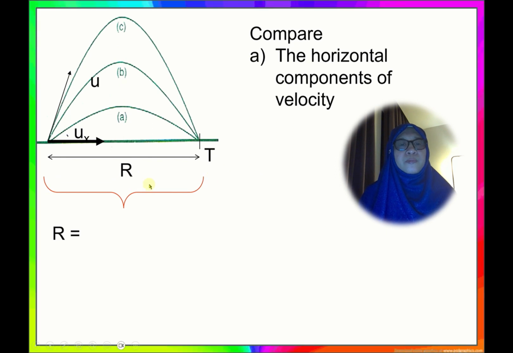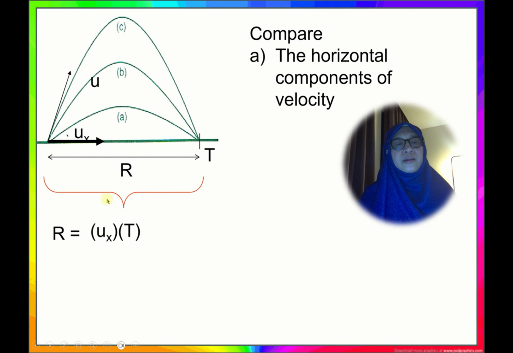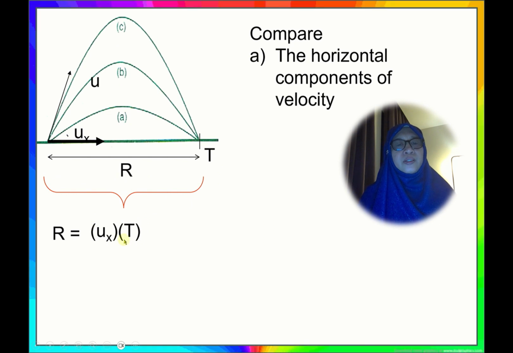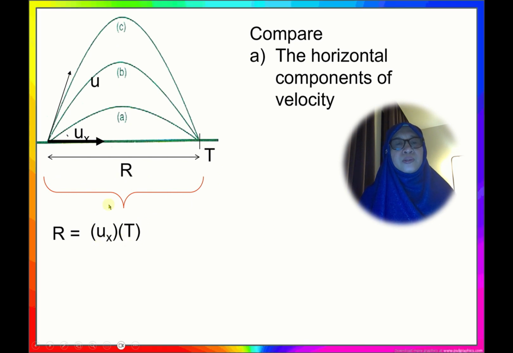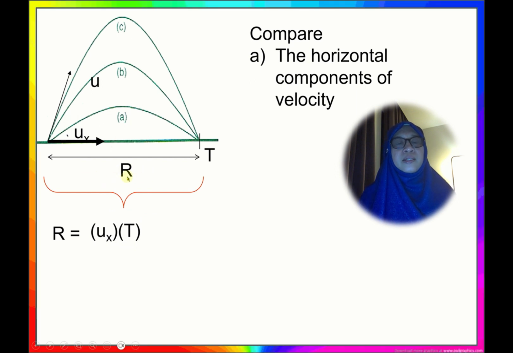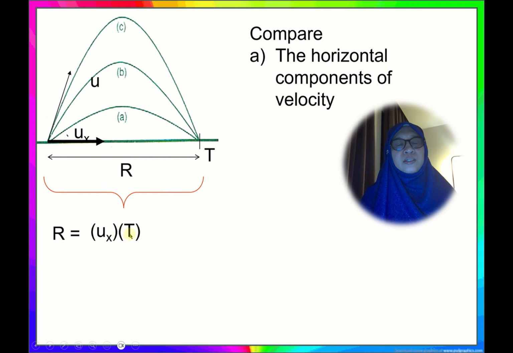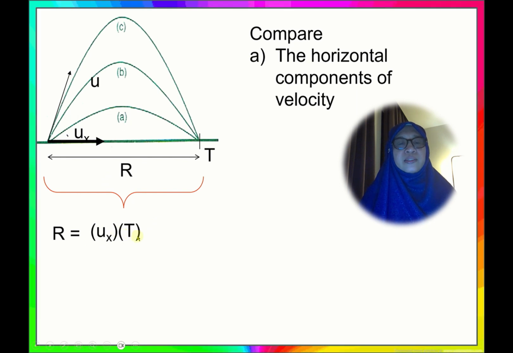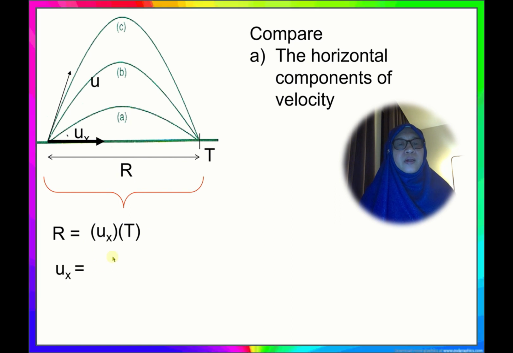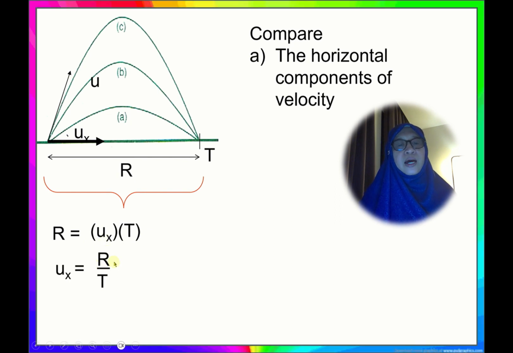Now from here we can calculate r. So r is equal to ux times t. We choose the horizontal component, because r is already horizontal. So for the component of speed times time, we use horizontal speed. And the time taken is a scalar, so it doesn't have direction, not tx or ty, just t. So we rearrange the equation and get ux equals r over t.